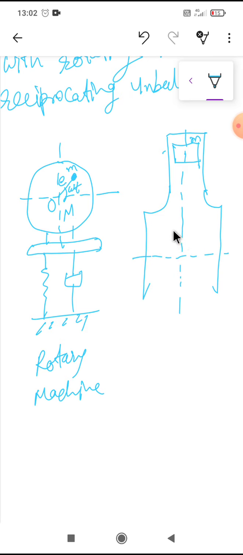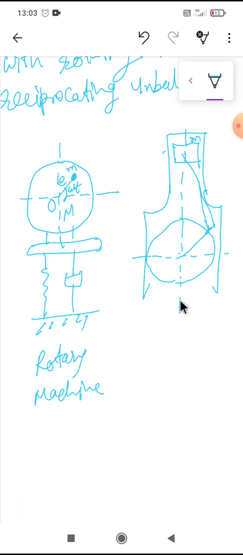There is a crankshaft here which is connected with the piston by the connecting rod. So this is the connecting rod, this is the piston, this is the cylinder.